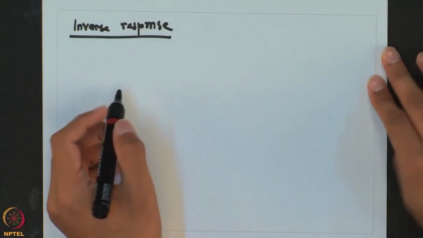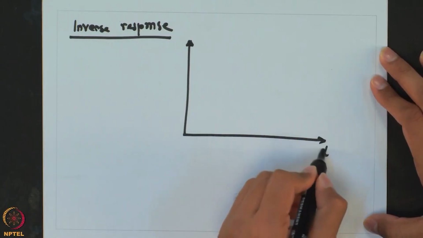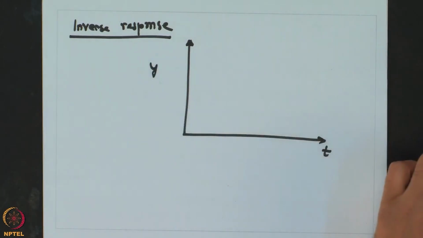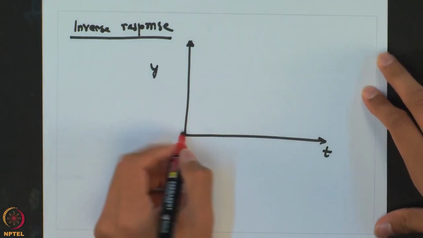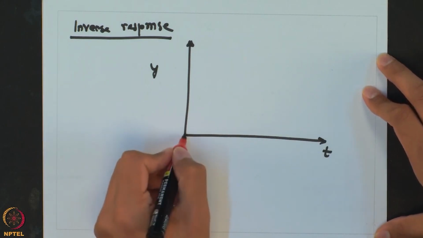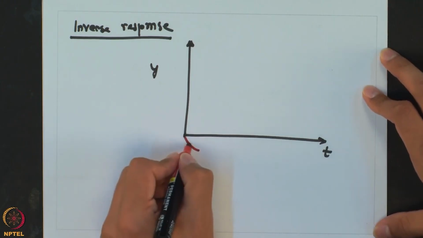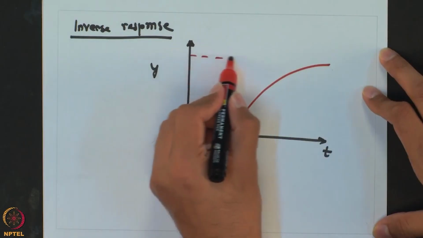So, inverse response is a type of response when the initial direction of output is different from the final direction of output change. So, initially the output goes in the negative direction, but the final gain or the final direction is positive.